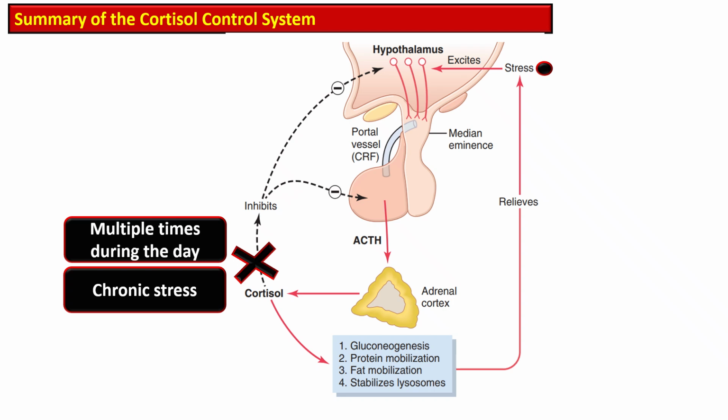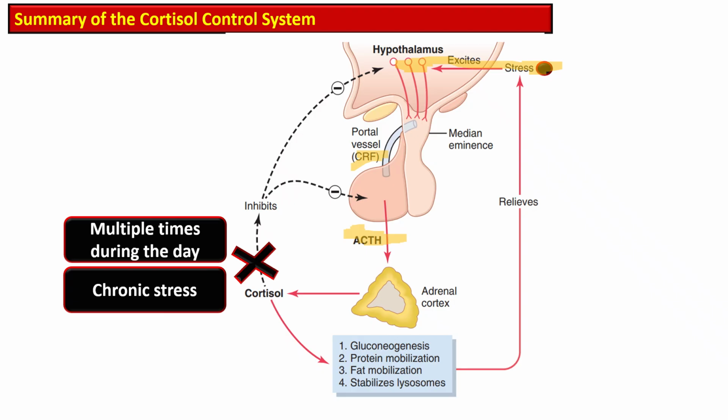So to summarize, physical or mental stress activates the hypothalamus. The hypothalamus releases CRF, and this corticotropin releasing factor stimulates the anterior pituitary to release adrenocorticotropic hormone.